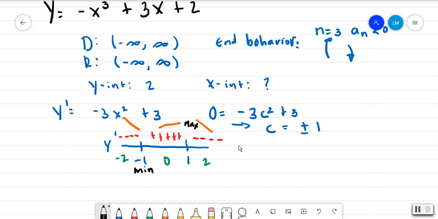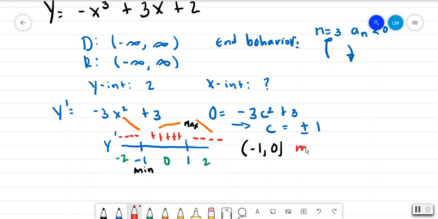If we plug these values back into the original equation, and we plug in negative 1, interestingly enough, you're going to get 0. So at negative 1, it's going to be 0, and we said that this is going to be a minimum.